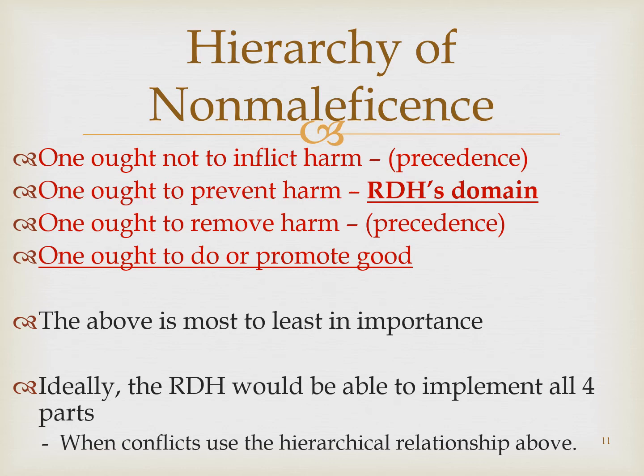We are a preventative entity. We are going to try to prevent different diseases and to prevent harm by education and cleaning of the teeth and SRPs, actual all-around oral health. So one also ought to remove harm, and that would take precedence over the last one, which would be one ought to do good or promote good.